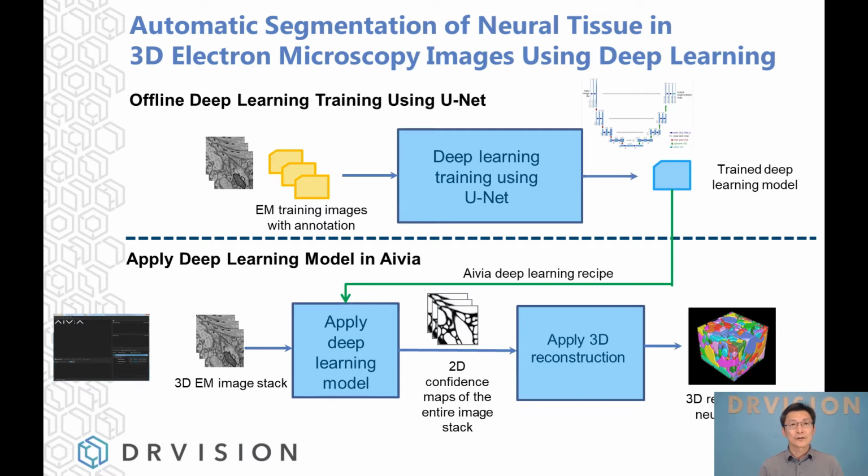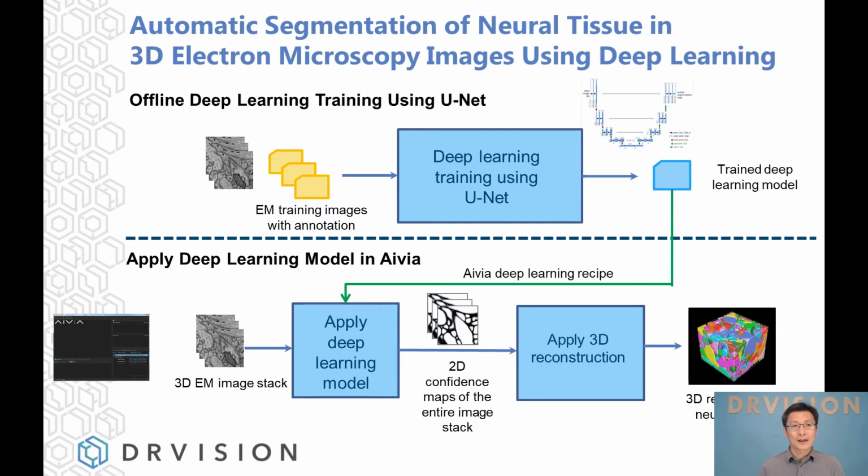I'd just like to briefly introduce the technology behind this tool. First, our deep learning module starts with offline deep learning training using UNet architecture, which is excellent for image pixel-wise segmentation. We train on 3 public datasets with manually created annotation to generate a trained deep learning model.